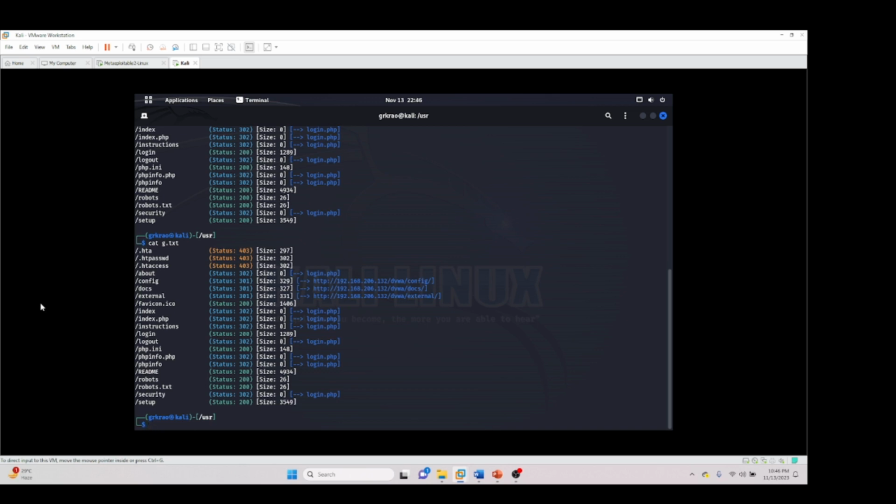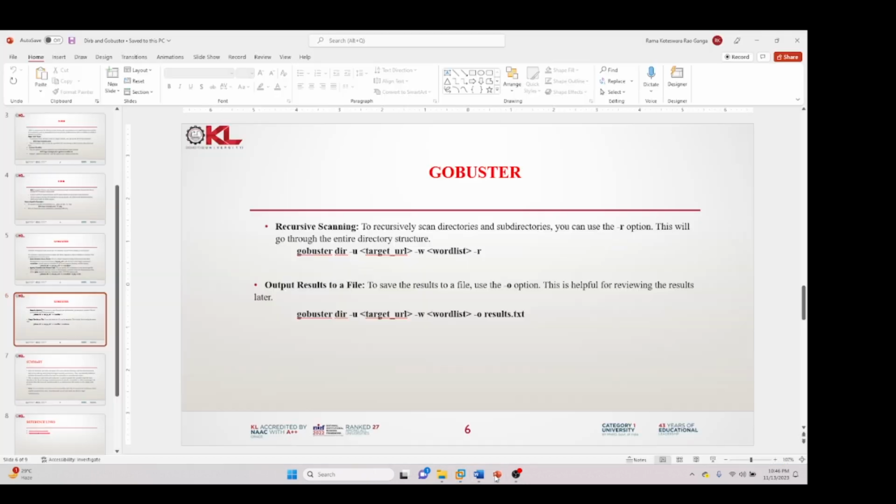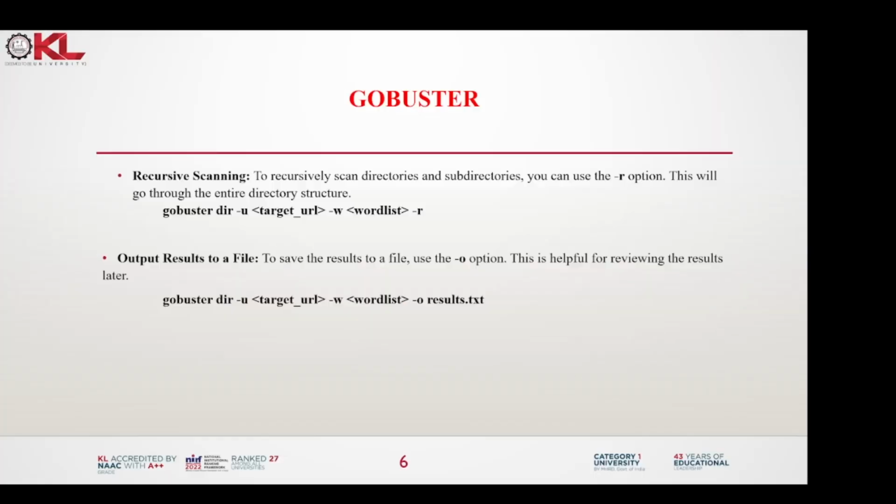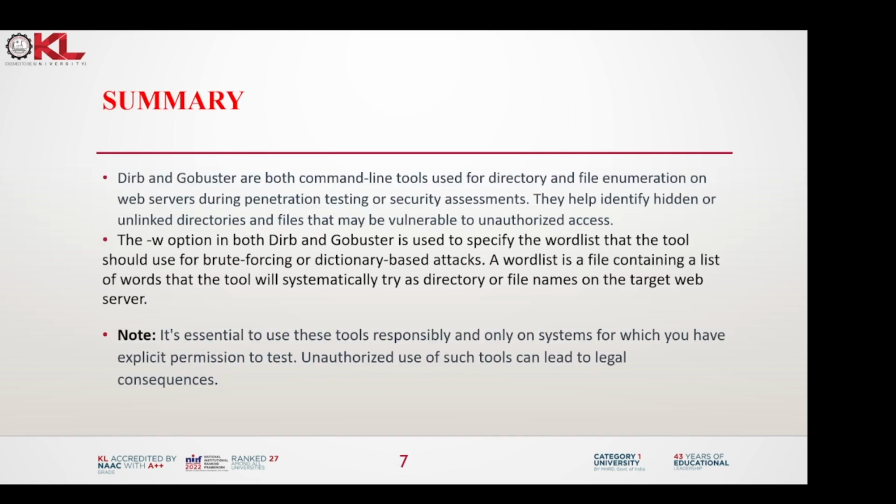So I hope you understand what the Dirb tool is and what the GoBuster tool is. Mainly Dirb and GoBuster tools are used to identify hidden files, directories, and web pages available on web servers or web applications. Here option W is used in both the Dirb tool and the GoBuster tool, and both tools are the same.